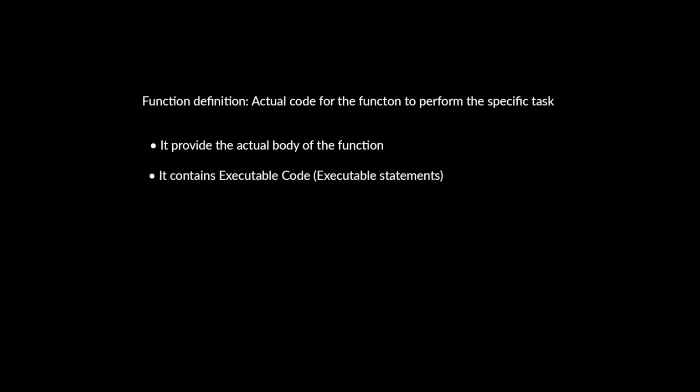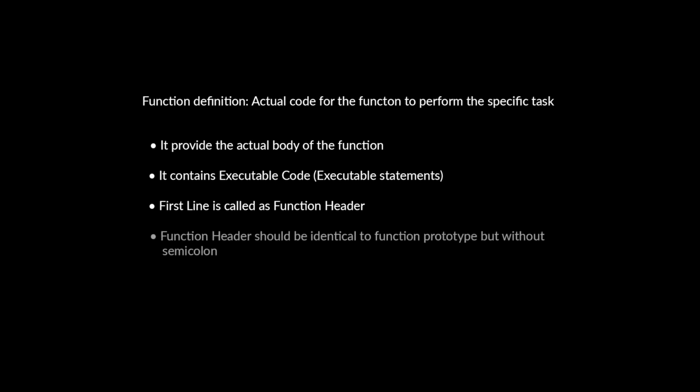That means it has certain executable statements with the help of which we can define how to perform that specific task. Here in the function definition, the first line is called the function header. The next very important point to remember here is that the function header should be identical to the function prototype, but it should be without any semicolon.